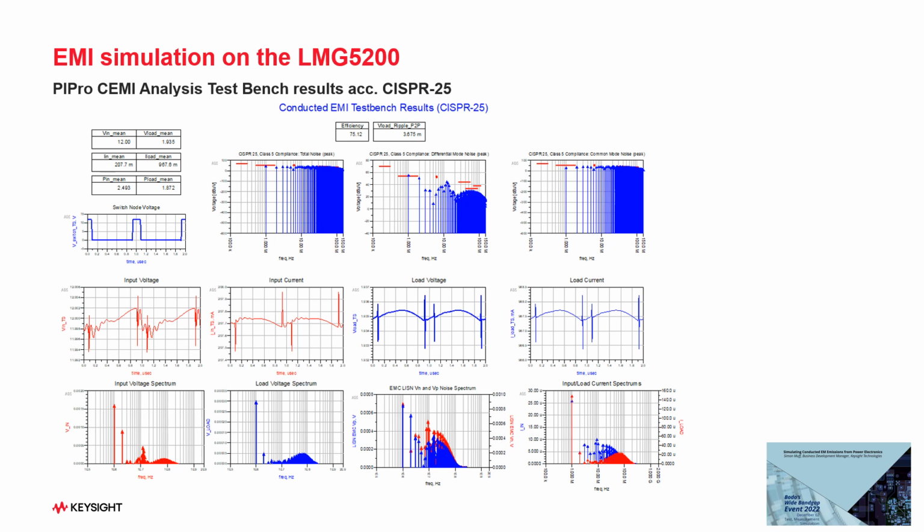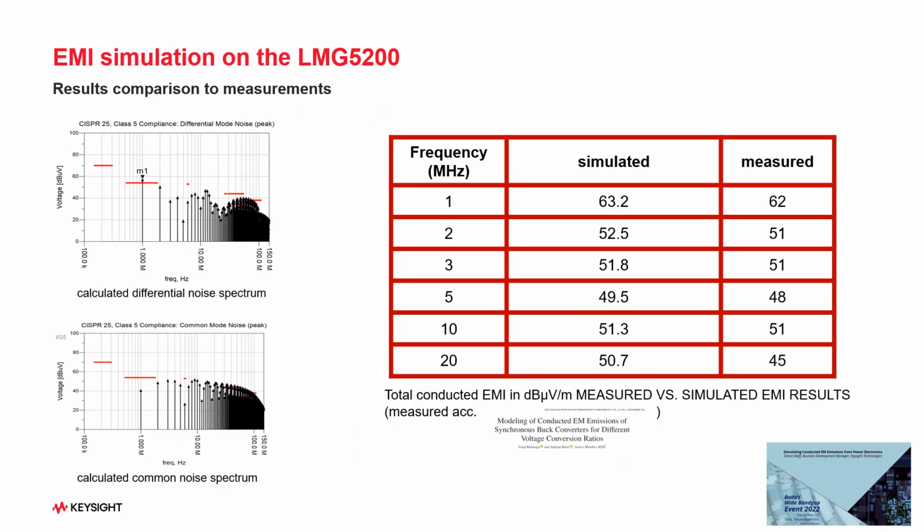And of course, as you can see on the upper row of the emission spectrums, the limits are included where you have violations. This fast methodology, even without a SPICE model, gets you to your results within 5 to 10 minutes, plus a little bit of modeling, and then you are there.